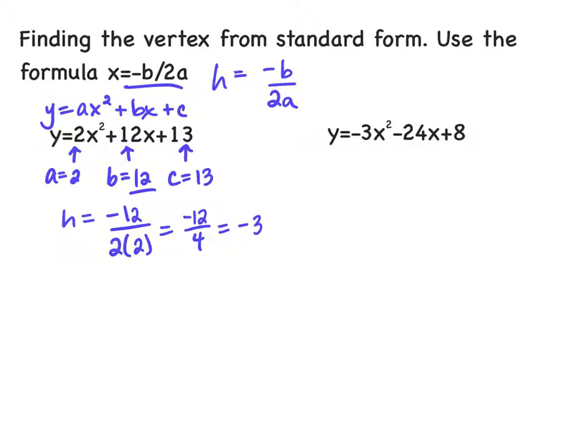Our K value is going to be 2 from the equation, and then I'm going to plug in -3 for x squared plus 12 times -3 plus 13.